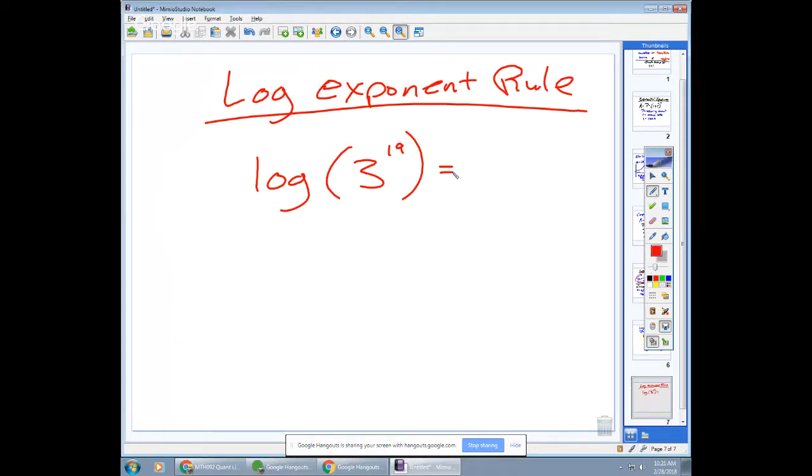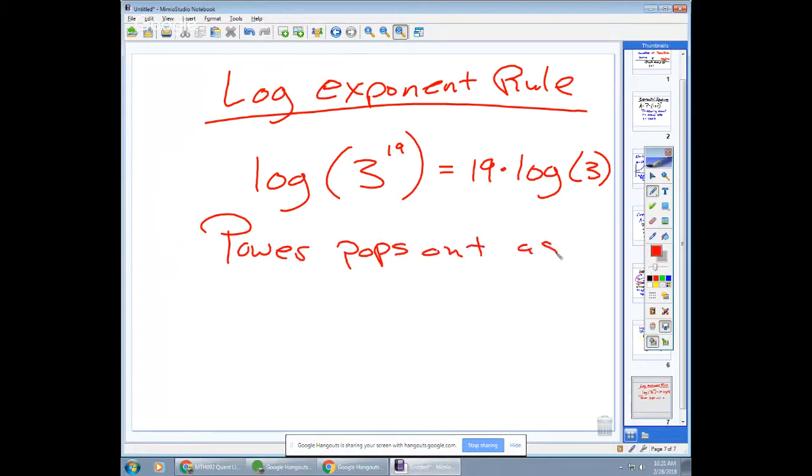So that's going to be equal to 19 times the log of 3. So what happens here is the power pops out as a multiple. It was a power, now it's a multiple.